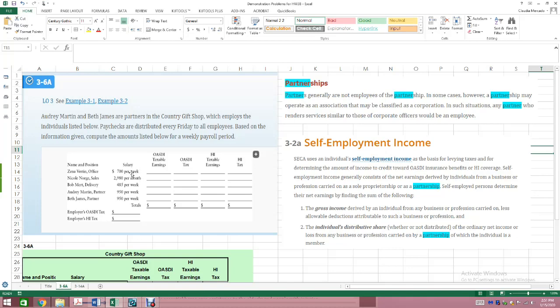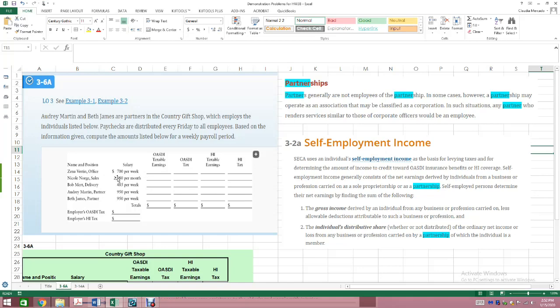Now, we are provided weekly information for Burton Cena, Mert Bob, Martin Audrey, and James Beth. For Norge Nicole, we are given a monthly amount, so we're going to have to convert that monthly amount into a weekly amount.